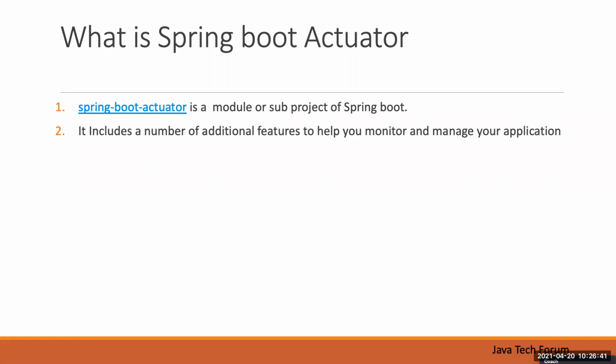Basically this Spring Boot Actuator will expose the REST API, which will help you manage the whole application: how much memory is utilized, what resources are consumed, what heap memory is consumed, the heap memory size, and you can get the heap dump or analyze the thread dump. So everything you can do with this module.